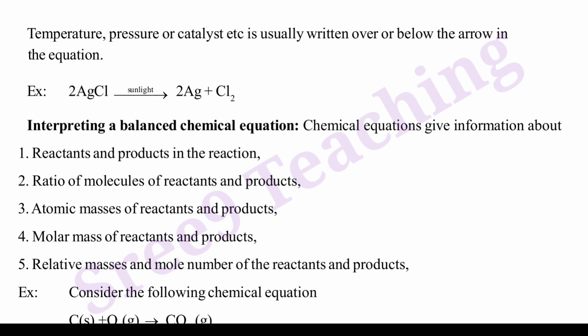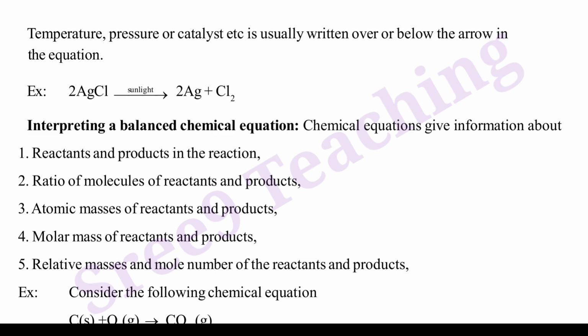See the example: 2AgCl, silver chloride, gives, with sunlight written on the arrow, 2Ag plus Cl2, silver plus chlorine. It means this reaction takes place in sunlight. So when heat is involved, we write heat or the delta sign on the arrow, or if a catalyst is used, we write the catalyst on the arrow. So it denotes that such things are involved, right?